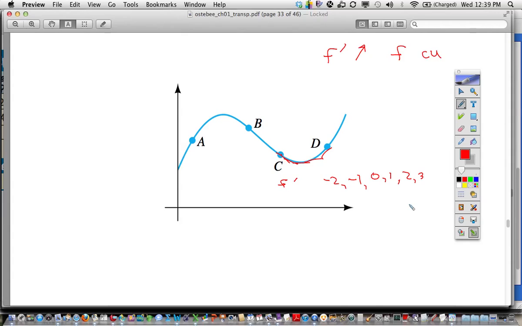There are two ways to increase. We talked about this. You can be negative and get less negative, or you can be positive and get more positive. Well, isn't that what concave up does? Concave up is either negative slopes getting less steep or positive slopes getting more steep. Interesting. So what do you suppose if f prime is decreasing? Wouldn't that be concave down?